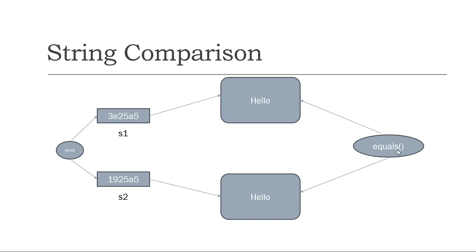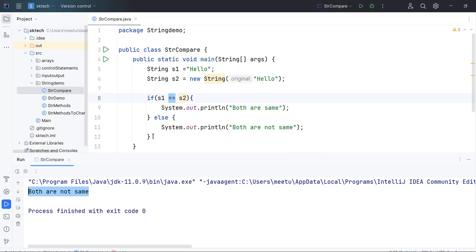But if you use the equals method, instead of the references it is going to compare the values. In the case of s1 we have allocated the value hello, and in the case of s2 also we have allocated the value hello only. So when it compares the values, it finds both are the same and it is going to return true. So let us change the program and see the output.